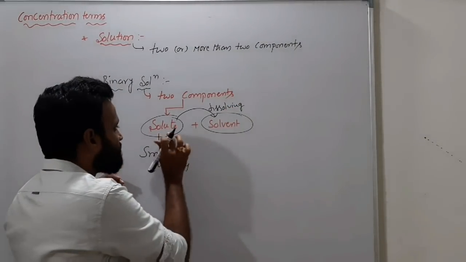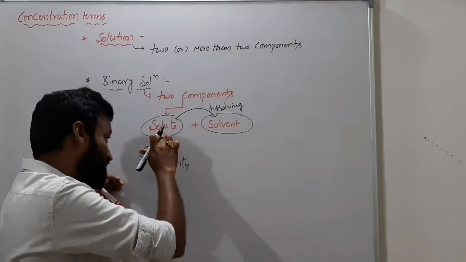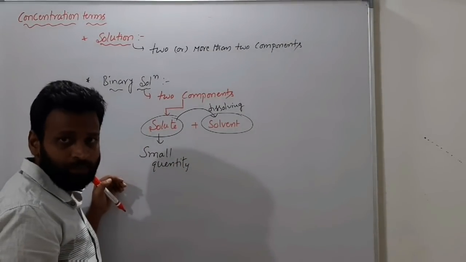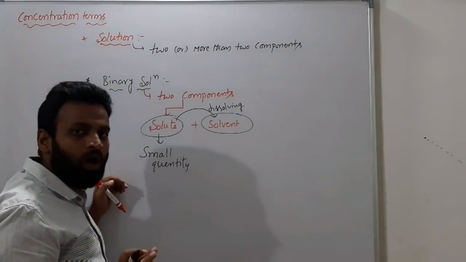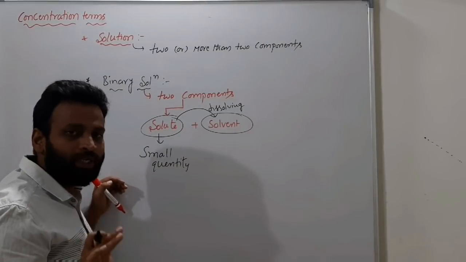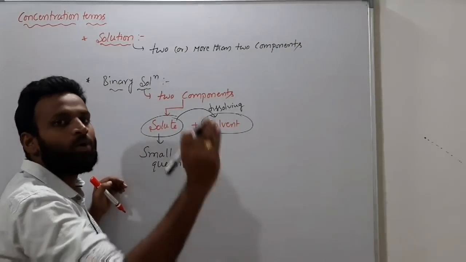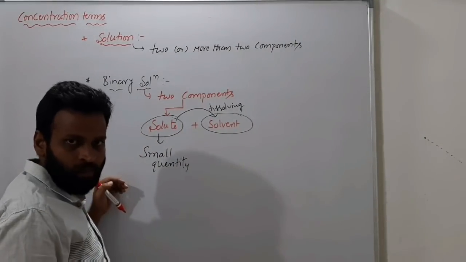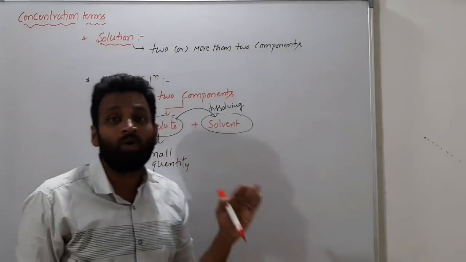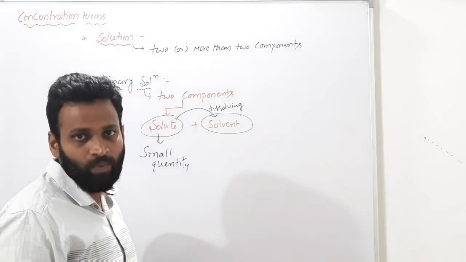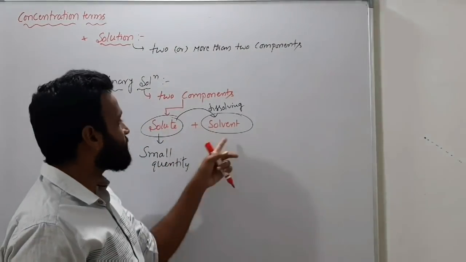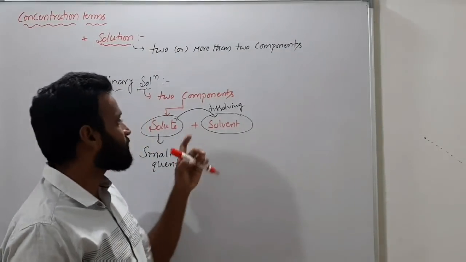Usually I said small quantity, but it can be a large quantity of solute. How you have to understand who is a solute: the substance which is dissolving is called solute. The substance in which that solute is dissolving is called solvent.